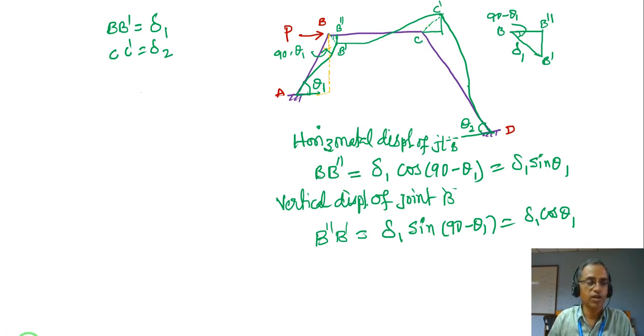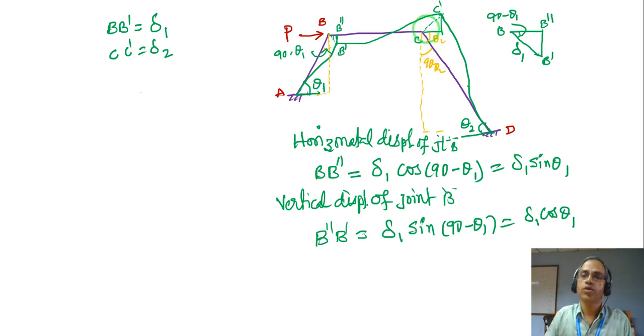If I take again a vertical drop, this is theta 2, so this will be 90 minus theta 2, so total 90. That means 90 minus of 90 minus theta 2 is your theta 2. So this is theta 2.